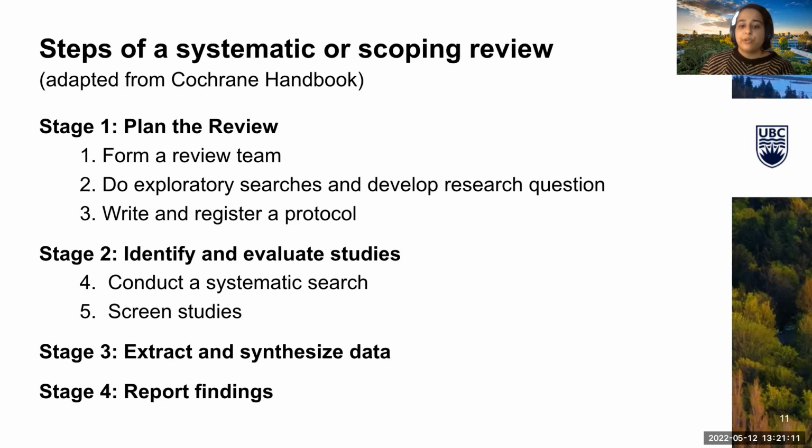You can also publish protocols in certain journals. And often having the protocol published or registered beforehand is required when you want to eventually publish the review. So it's always good to look at potential journals that you want to publish in to see what they require, and then maybe publish your protocol in that journal.